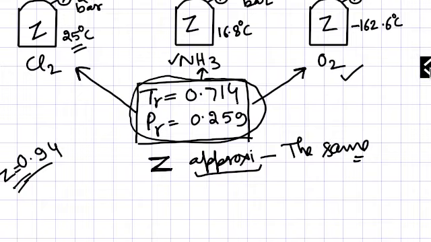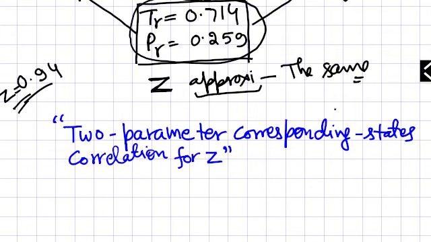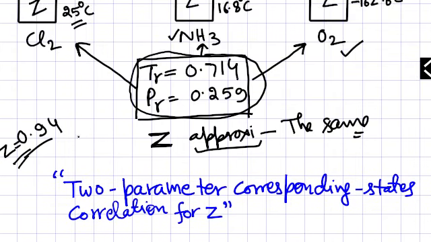So as you can see, this correlation is expressed this way: two parameter corresponding states correlation for Z. And what are these two parameters? These are TR and PR.